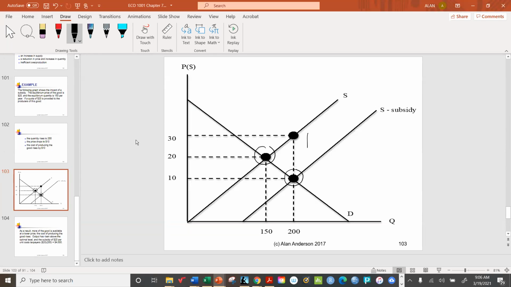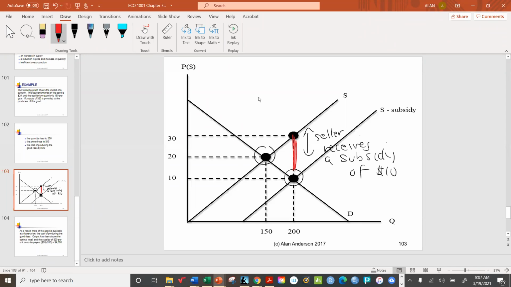But instead the seller receives a subsidy of, in this case, it looks like it's $10. Since we're on the right side of the equilibrium point, oh, hold on, I want to make that red like the video. This is now, instead of a tax, a subsidy. It's a negative tax in the sense that it goes into the pockets of the sellers.